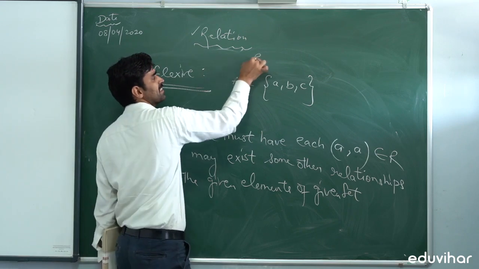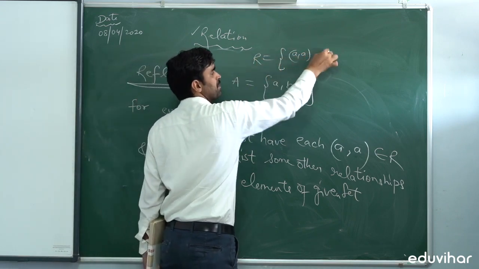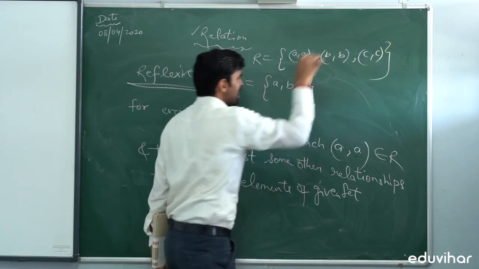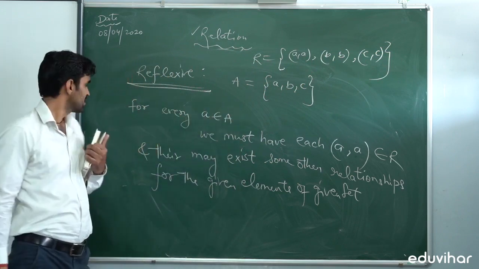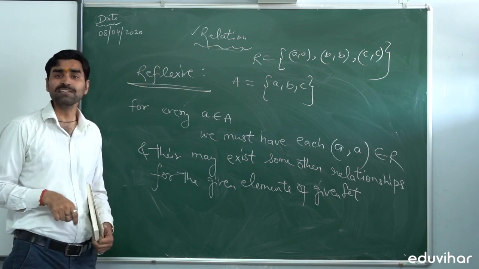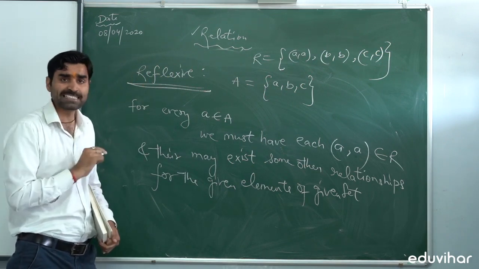If we have a relation as AA, BB and CC, then this type of relation is an identity relation and also a reflexive relation.